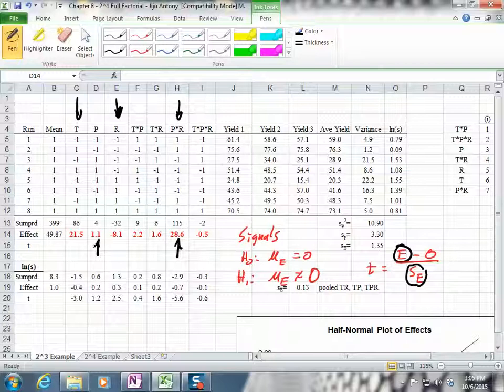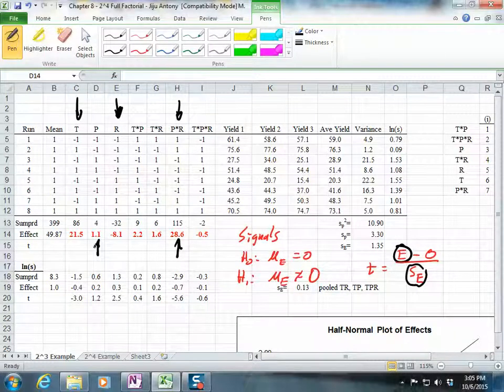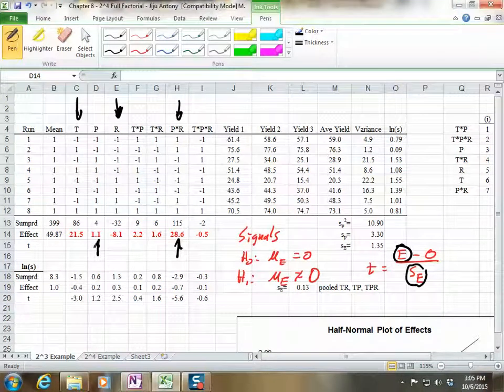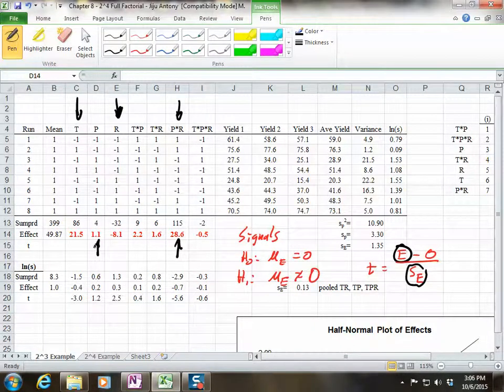The interaction effects can be anything. All this is saying is that these two factors affect each other. So a low value for T and R is saying temperature is independent of residence time. So my optimum setting of temperature doesn't matter what residence time I set it at. Those two things act independently.